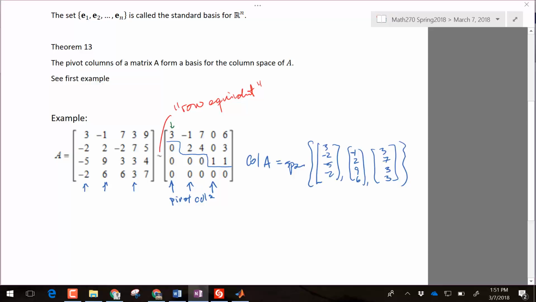Be careful with that, because it's row equivalent, but it's not column equivalent. Stranger things happen when you row reduce. That's not your regular scalar multiple and addition business. So you can't use the original one.